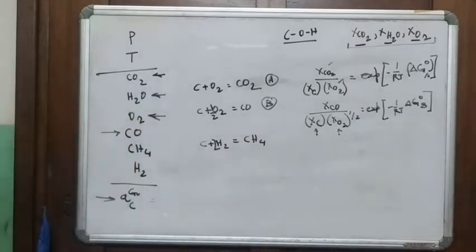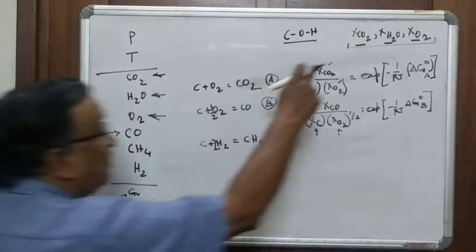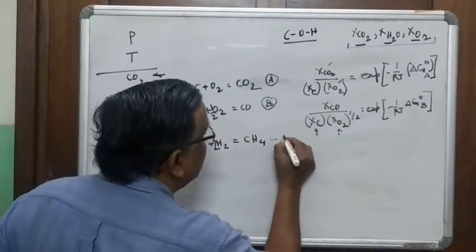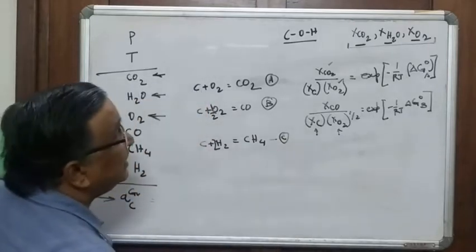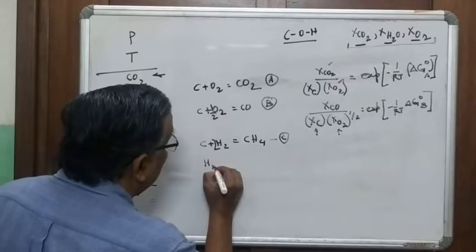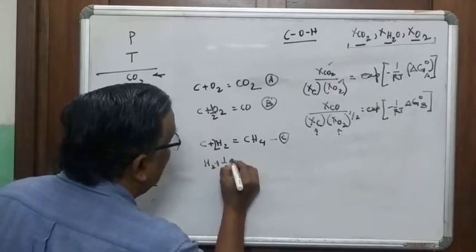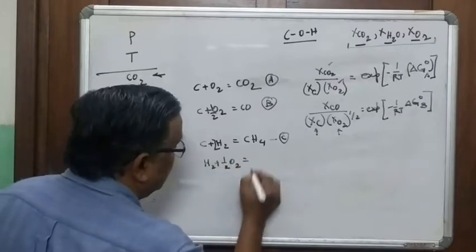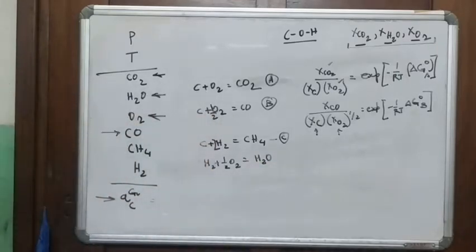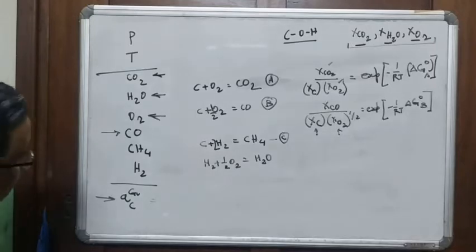Now let's see what happens to C plus 2H2 is equal to CH4. And we have still one variable, this one. So let's say this is C and then D, H2 plus half O2 is equal to H2O. Now, how do we find this?